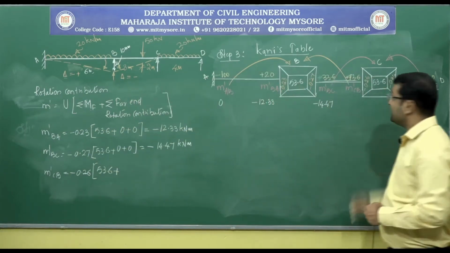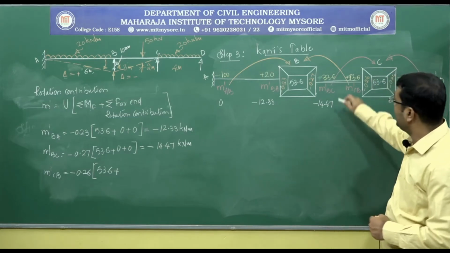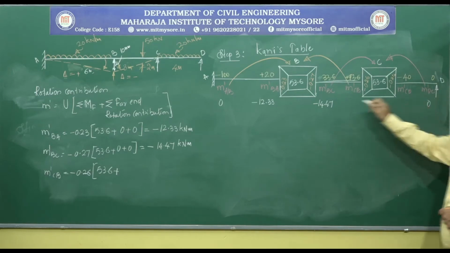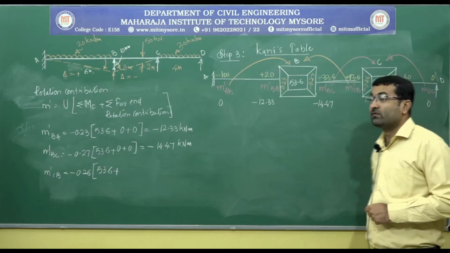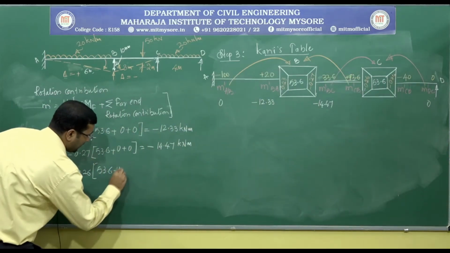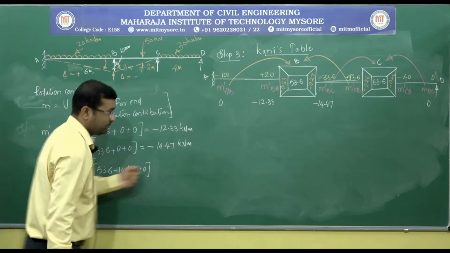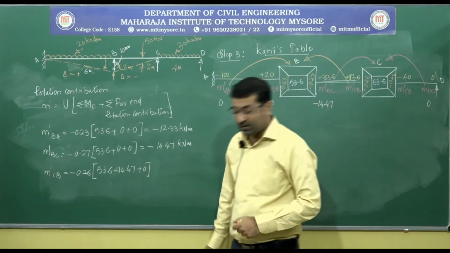For joint C, the far end rotation contributions are M dash BC and M dash DC. M dash BC here is minus 14.47, so it is minus 14.47 plus 0, since M dash DC is 0.